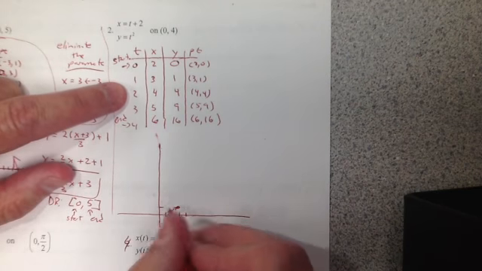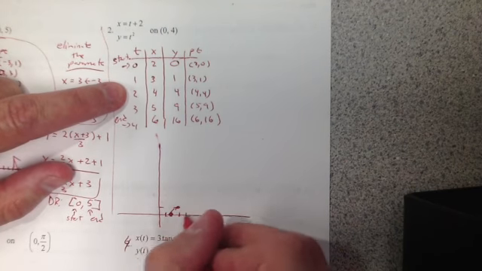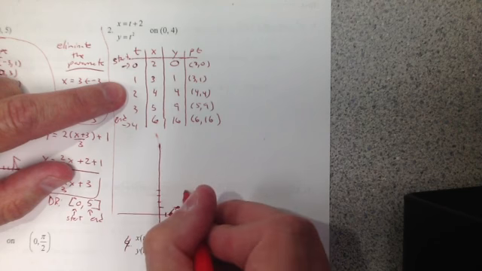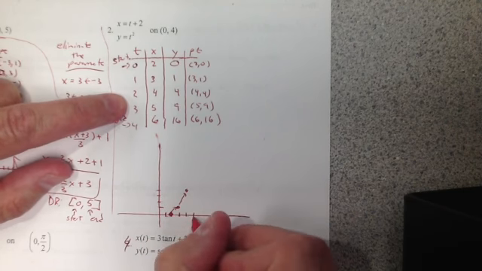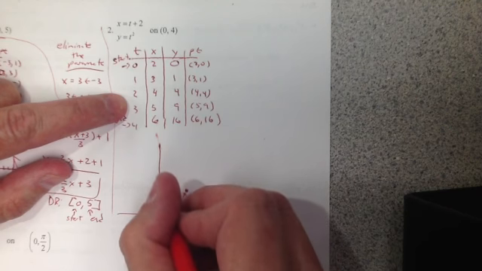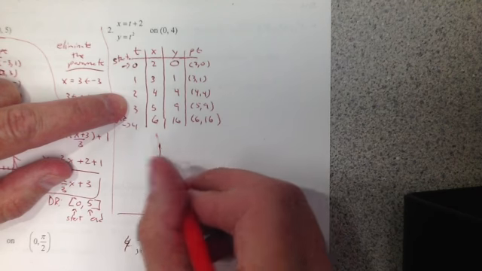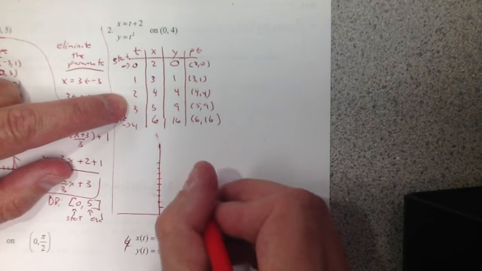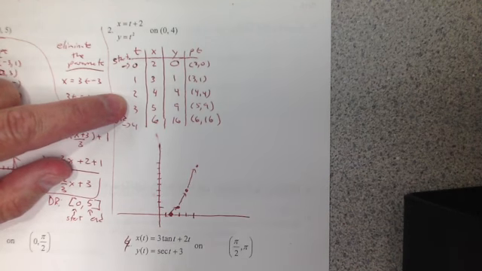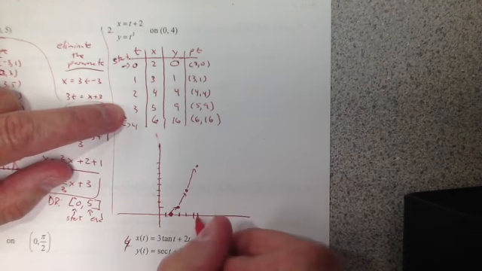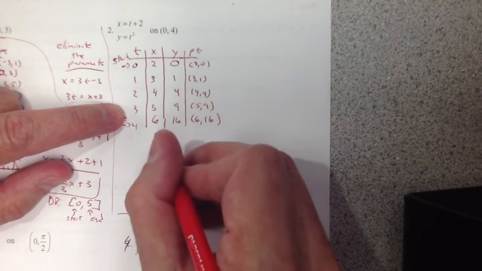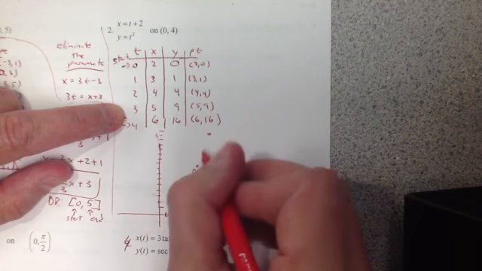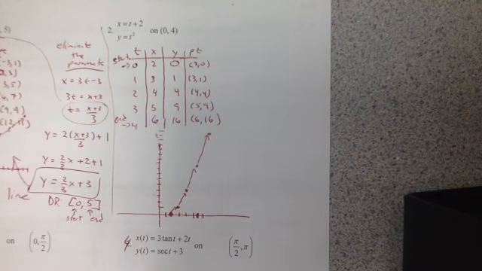The next point, 4, 4. The next one, 5, 9. Definitely not a line this time. And then 6, whoops, space out a little bit better, 16. Wow.